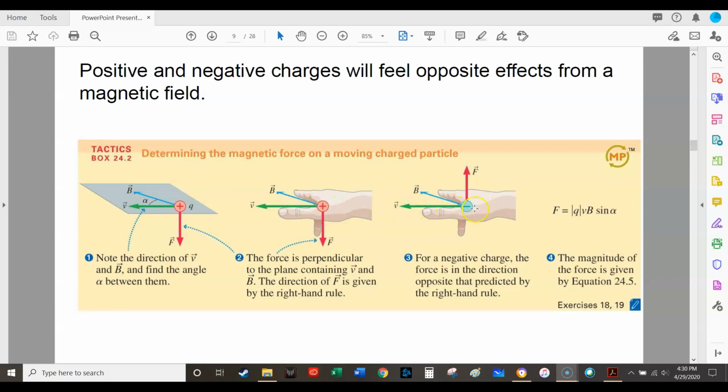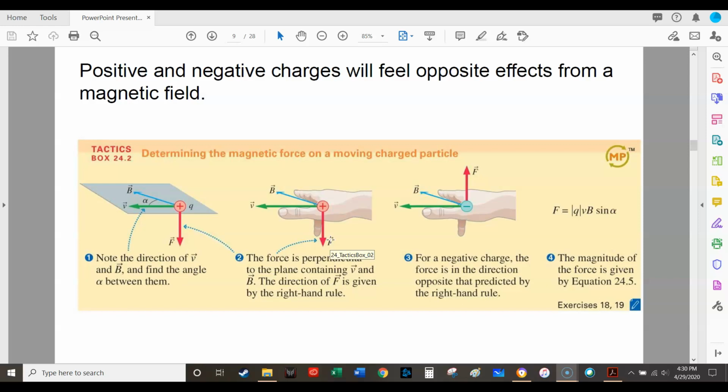So when you do the right-hand rule with a negative particle, and you're pointing your index finger in the direction of the magnetic field, and your thumb in the direction of the velocity vector, whatever direction that your index finger points, the force is going to be opposite that direction. So if you have a negative particle, do the right-hand rule, and whatever your hands tell you, do the opposite of that. And I kind of like to think that negative particles like to lie.